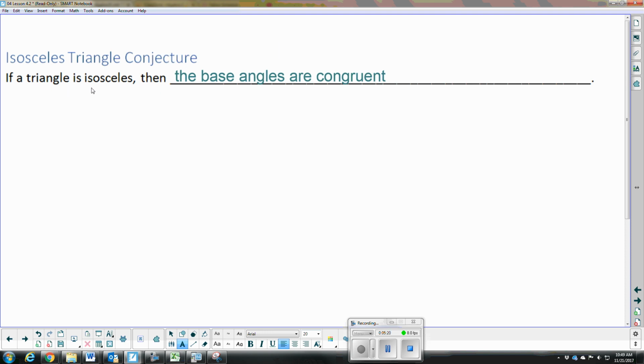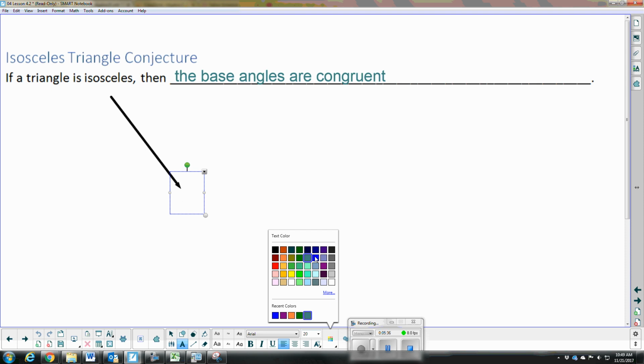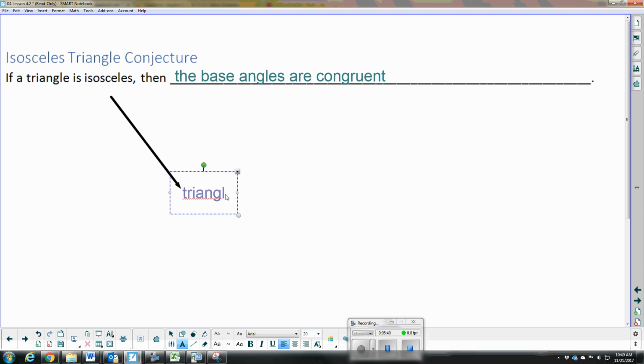So if a triangle is isosceles, meaning it has two congruent sides, so you have to know the definition of isosceles here, then the base angles are congruent.